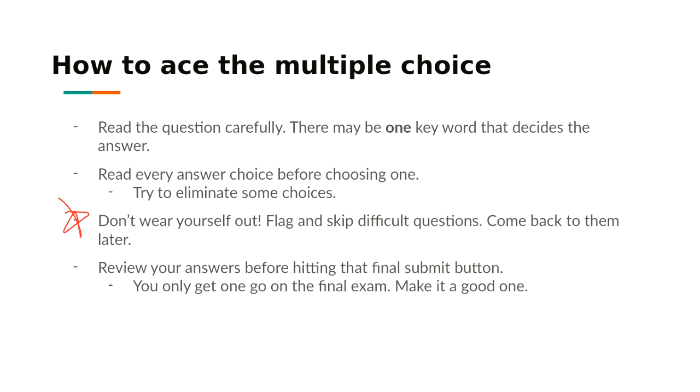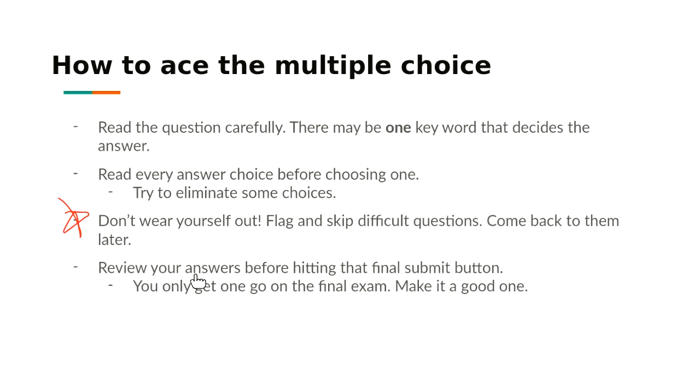Make sure you read the question carefully. There might be one key word in the question that decides the answer, and there might be one key word in each answer that decides which answer is correct as well. Make sure you try to eliminate some of the answer choices. Of course, that's pretty typical.